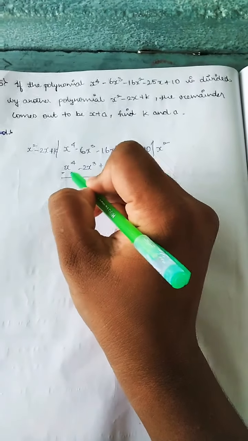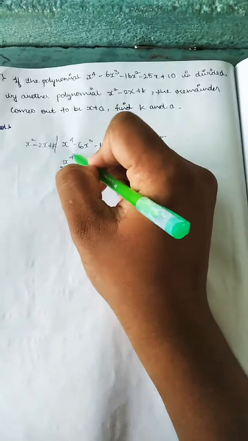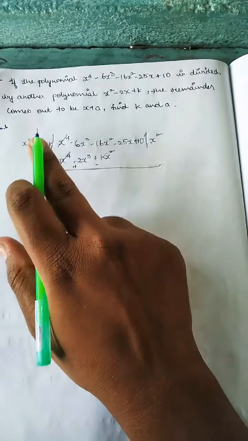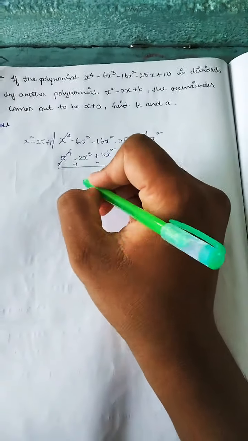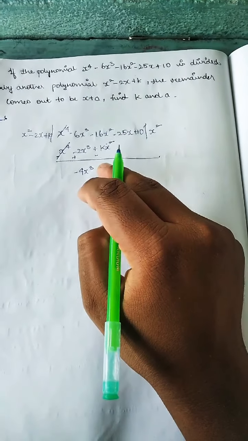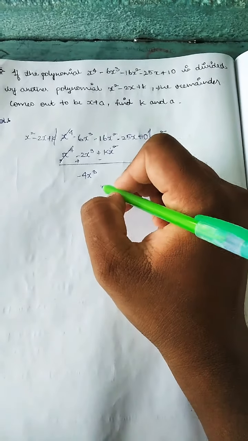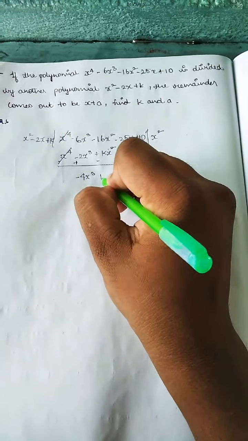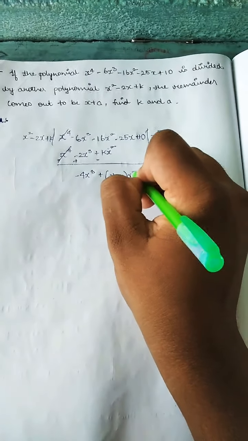So plus changes to minus and minus changes to plus. So x power 4 cancels, and here minus 6x cube and plus 2x cube is minus 4x cube. Here minus 16x square and minus kx square gives minus 16 plus k of x square.